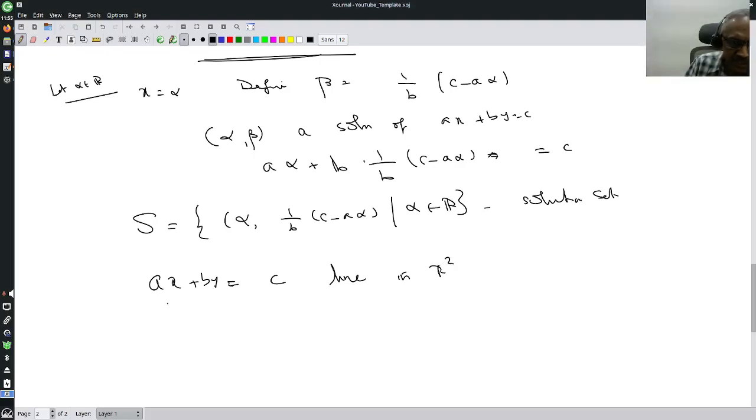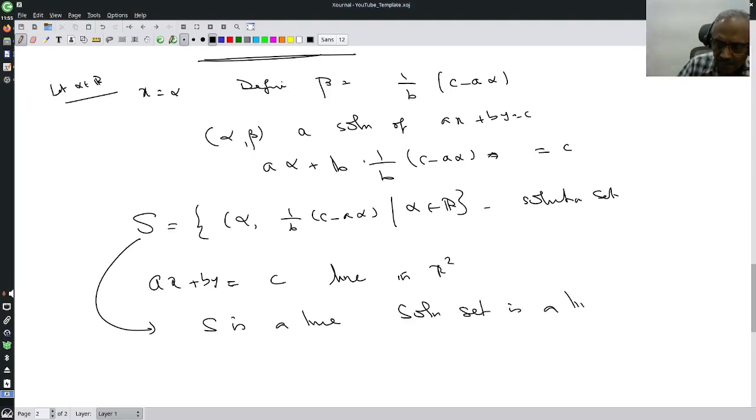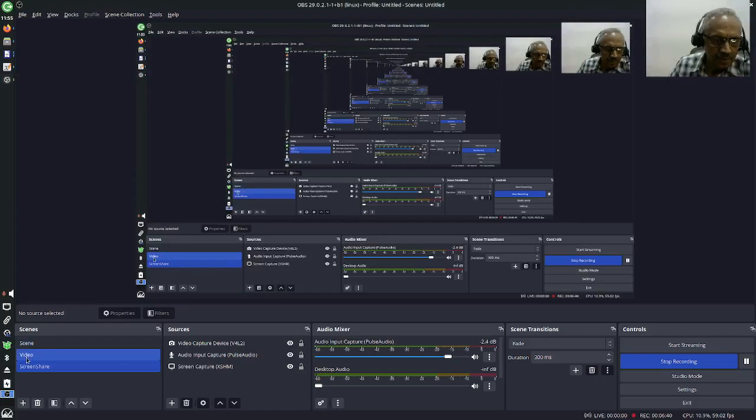The geometric meaning is that the solution set is a line in R2. Think about this. We will come in the next short to how to use this profitably, to understand what you have been doing all along in a more conceptual way.